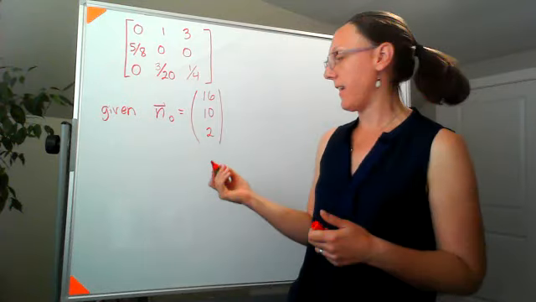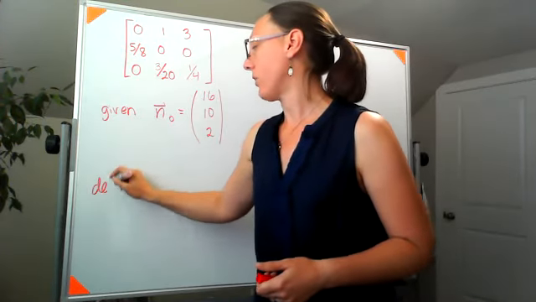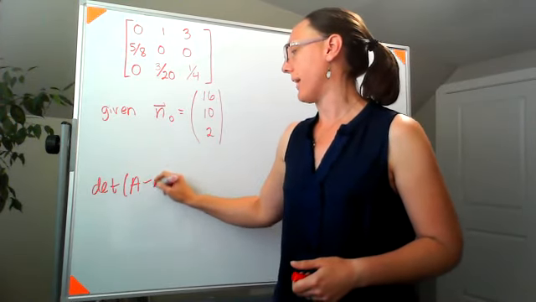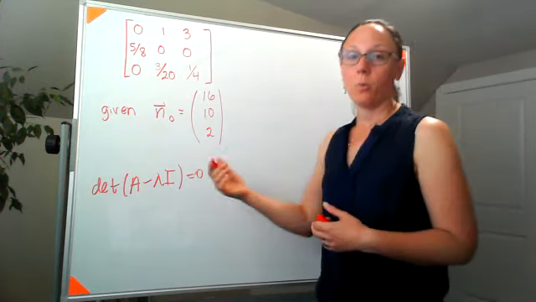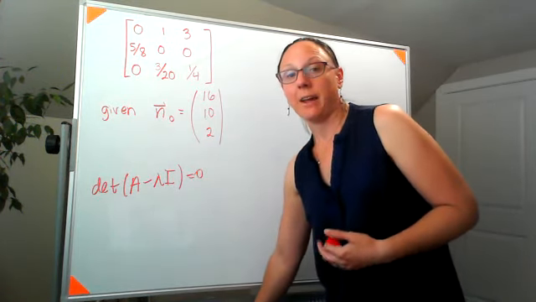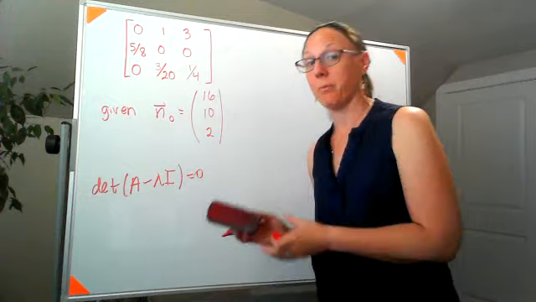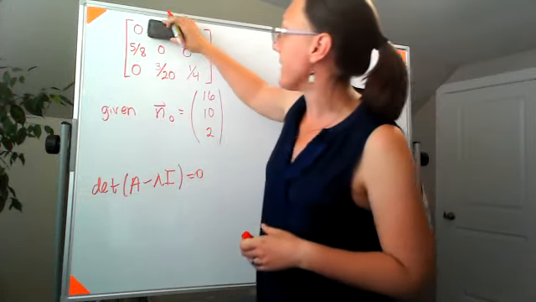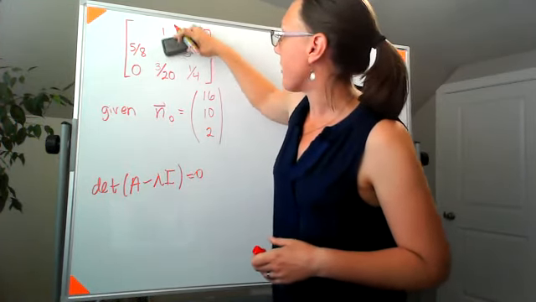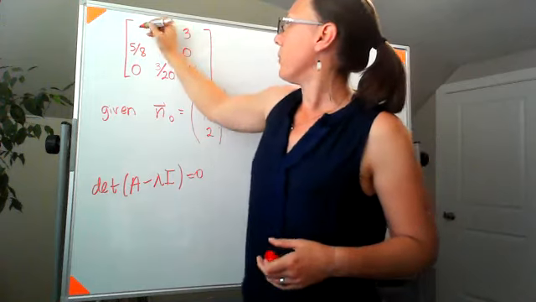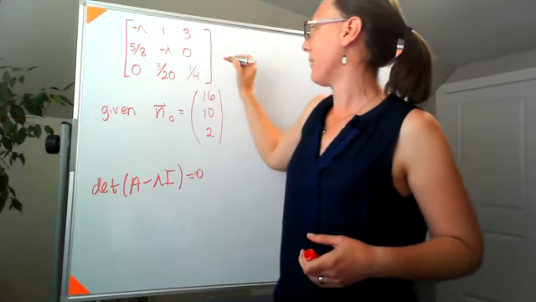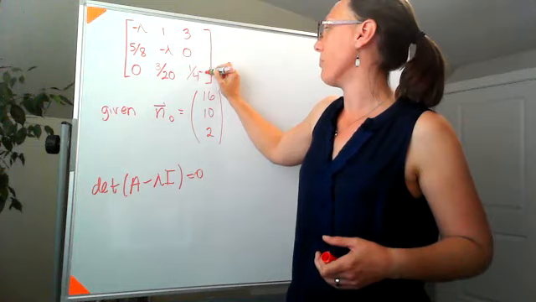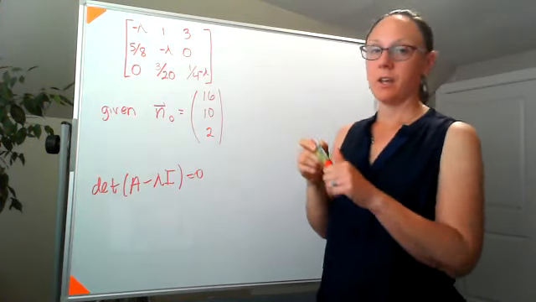If I'm trying to find the eigenvalues, then I'm looking for the determinant of A minus lambda I, and setting that equal to 0. A minus lambda I means I'm subtracting lambda from the diagonal. So that 0 would be 0 minus lambda, and another 0 minus lambda, and then I'll have 1/4 minus lambda.